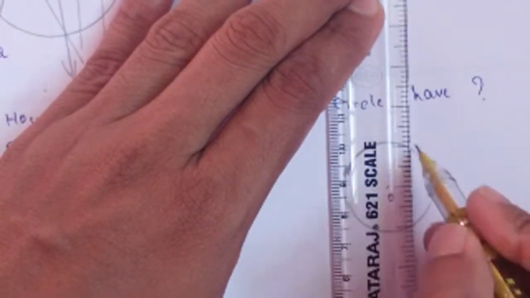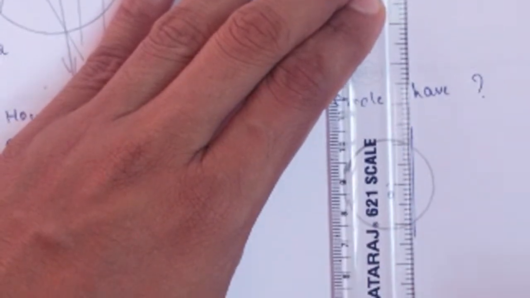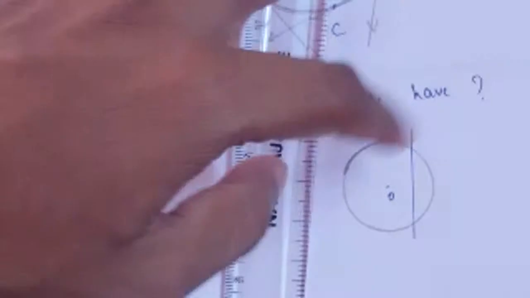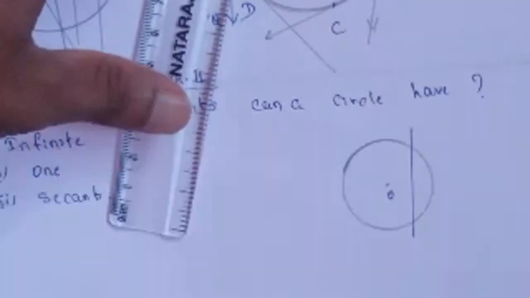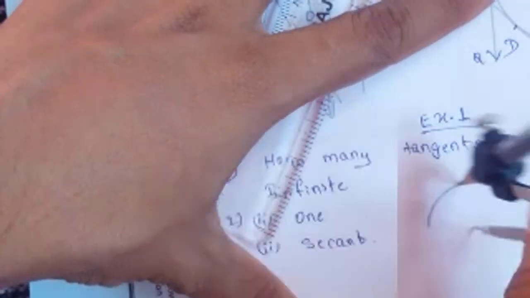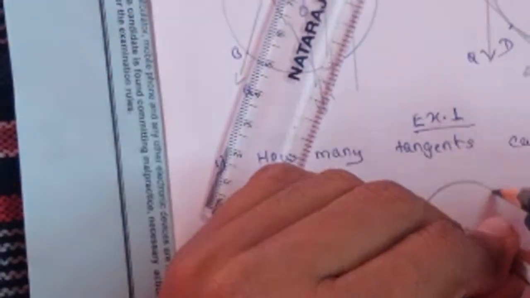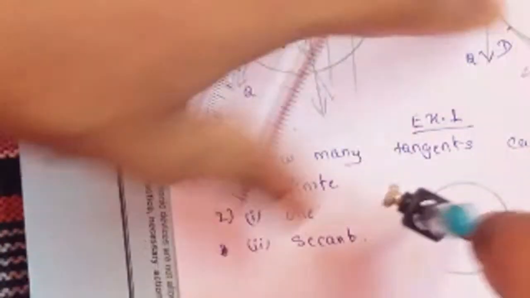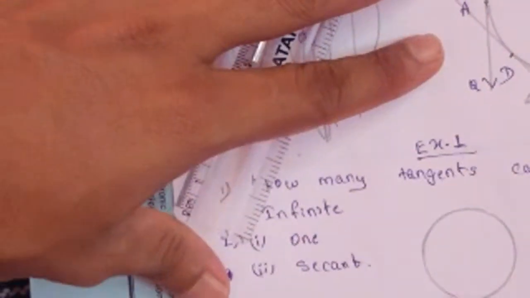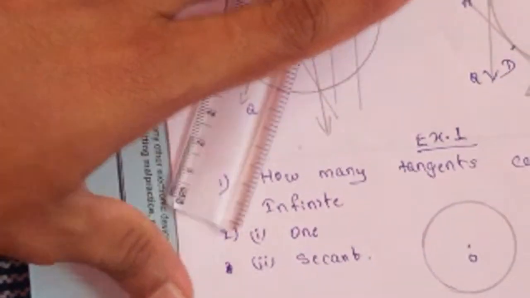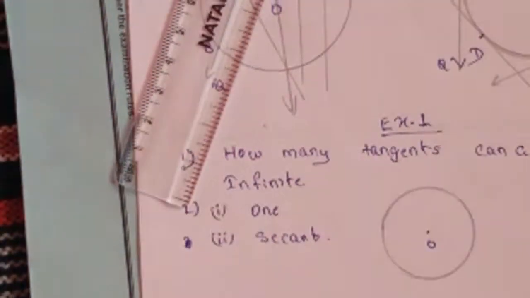So I'll take, sorry, this is called secant. I'll consider another diagram. Center is O. How many parallel tangents?